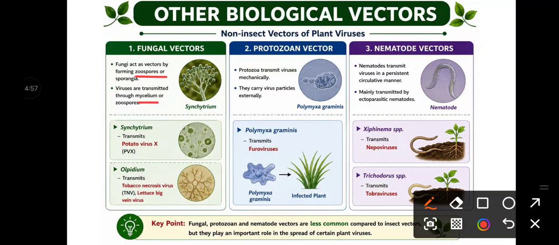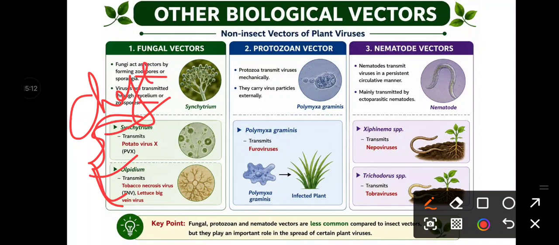So we will discuss that. Examples of fungi that transmit plant viruses are Synchytrium and Olpidium. These two fungi belong to Chytridiomycetes. So only the Chytridiomycetes fungi transmit plant viruses, that too include these two, Synchytrium and Olpidium.